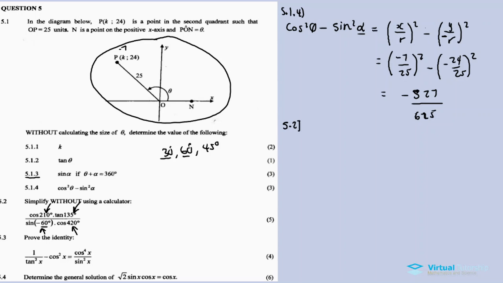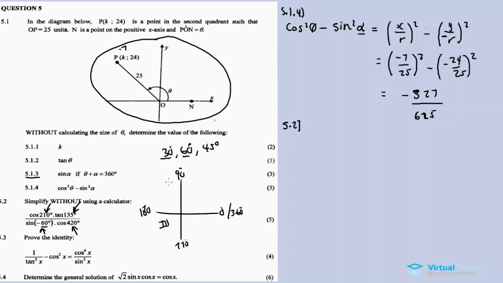All right, now 5.2, look, we are going to use reduction formulas, right? And then 210, which quadrant do we find it in? 210 we find in the third quadrant. I say it's 0 degrees, 90 degrees, 180, 270, then 360 degrees, right? First quadrant we find angles between 0 and 90.